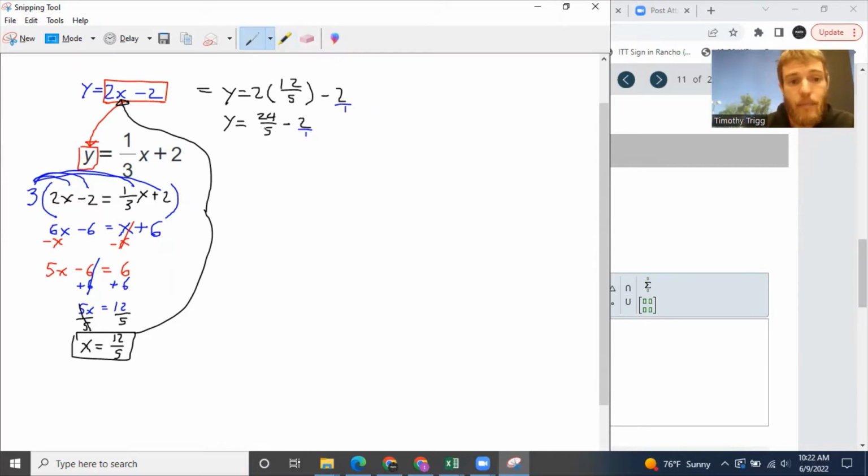Now in this case, here the denominators, they don't match. Here we have a 5, and then here we have a 1. So how can I change this second fraction so that it has a denominator of 5? Well, I can multiply both denominator and numerator by 5, and that'll change this.